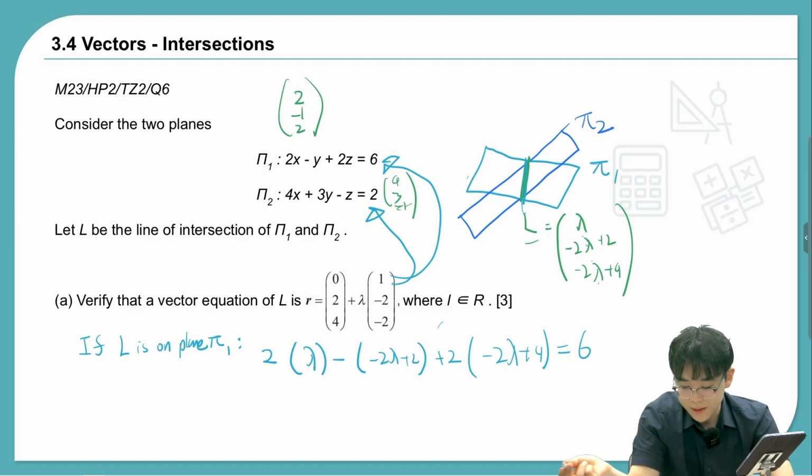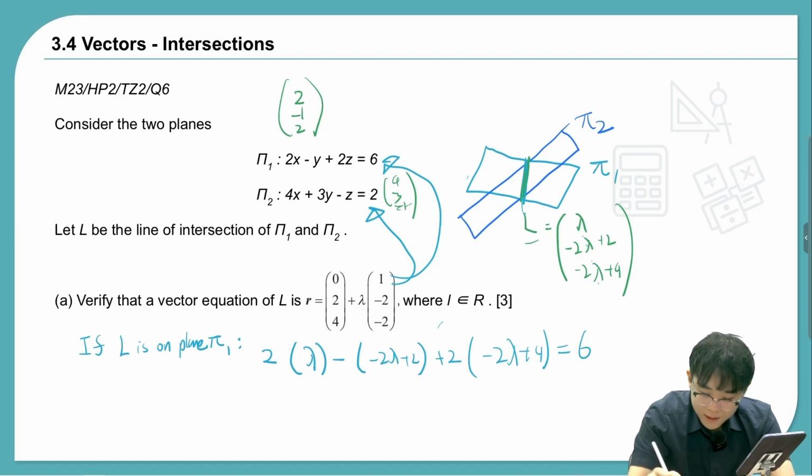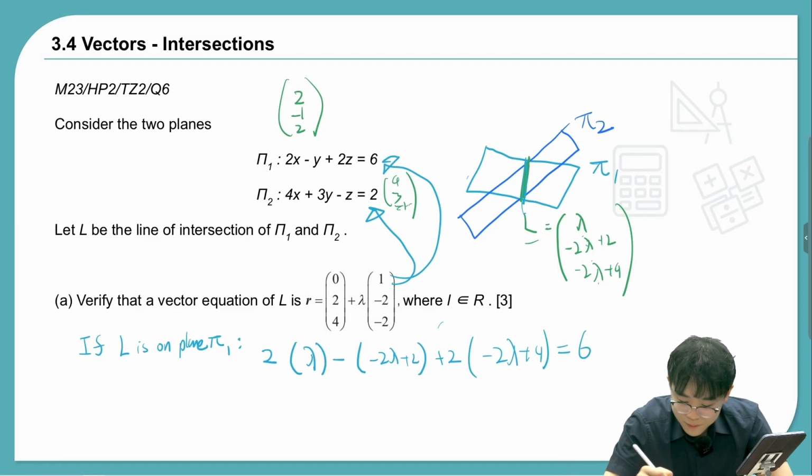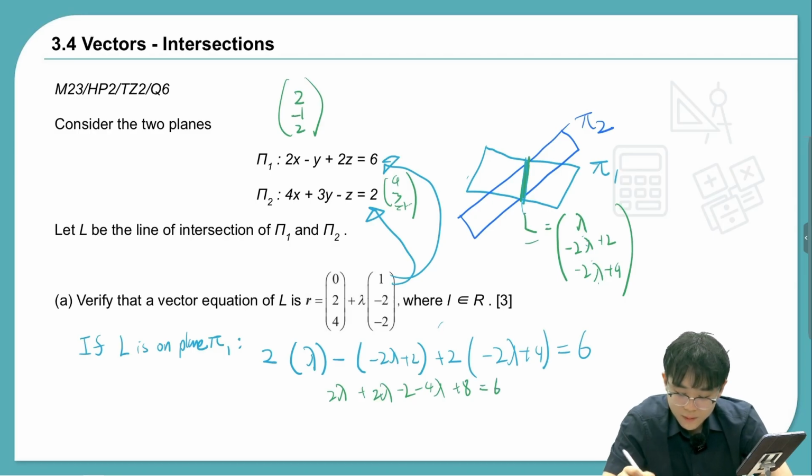Right? This should make sense. And reorganizing that, I'm going to write 2 lambda plus 2 lambda minus 2 minus 4 lambda plus 8 equals 6. Right, so this should hold true. And does it hold true?